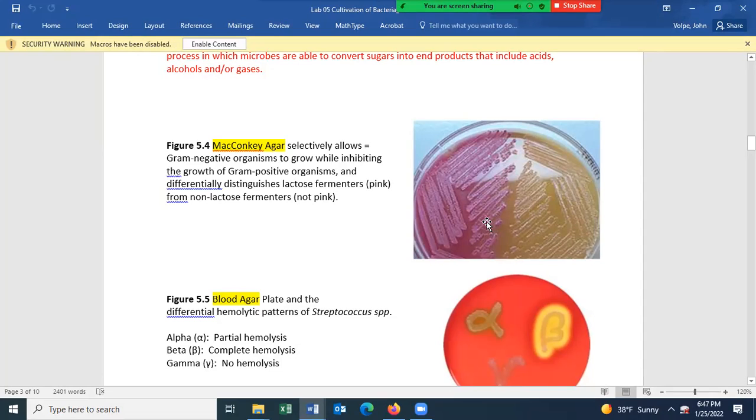If the bacteria ferments the sugar lactose, that lowers the pH and the colonies appear pink. So this bacteria is a lactose fermenter. This one is a non-lactose fermenter, and they're both gram negatives because they're growing on MacConkey's.